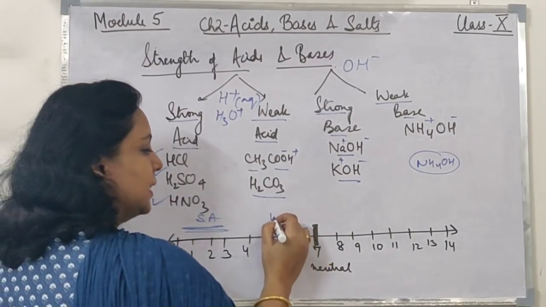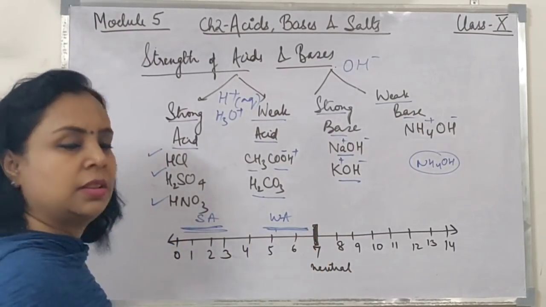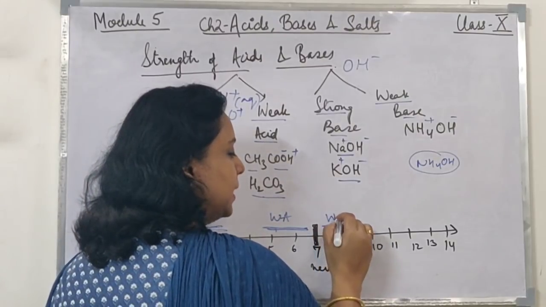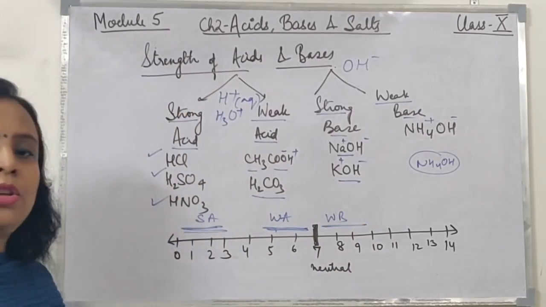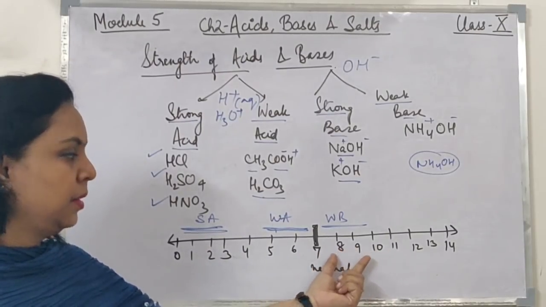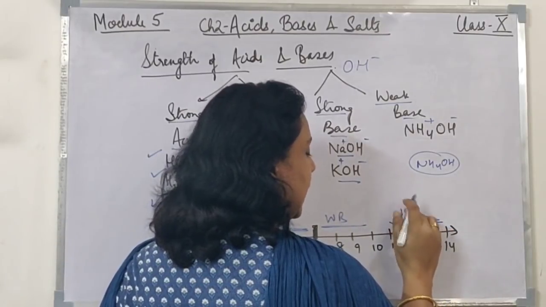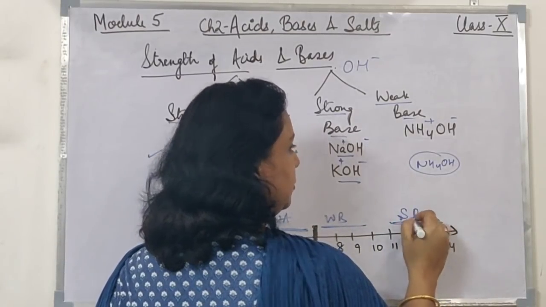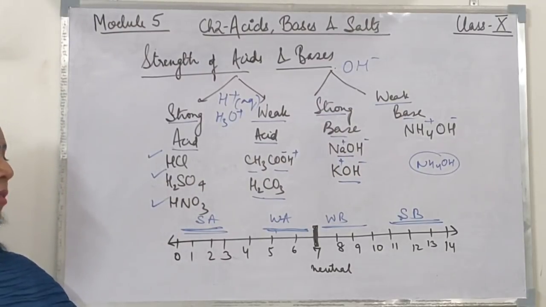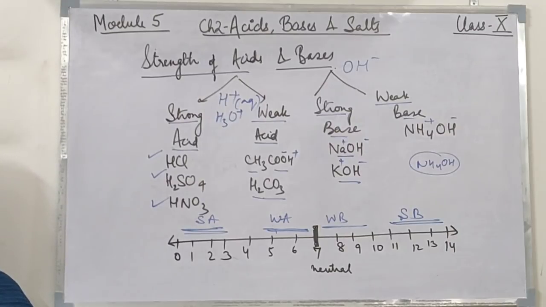While the weak acids will be somewhere around in this region. Okay. Similarly for bases, the weak bases are going to occupy the position somewhere near the neutral range, and the stronger bases like sodium hydroxide and KOH will be occupying the higher pH range.